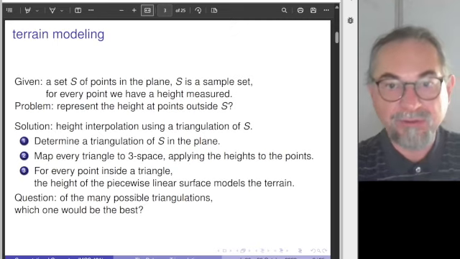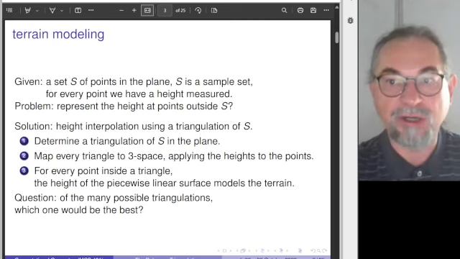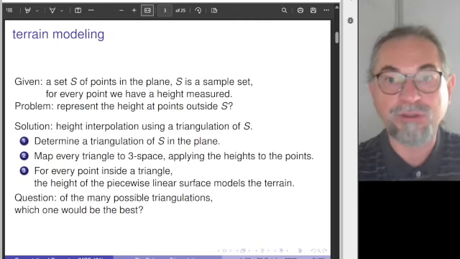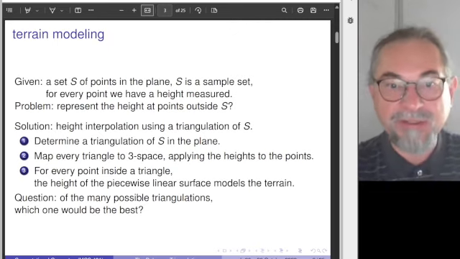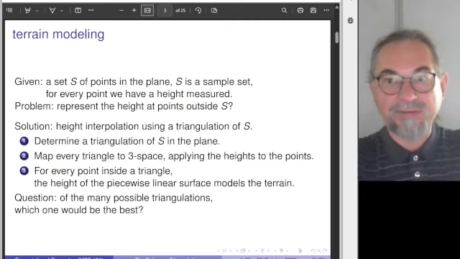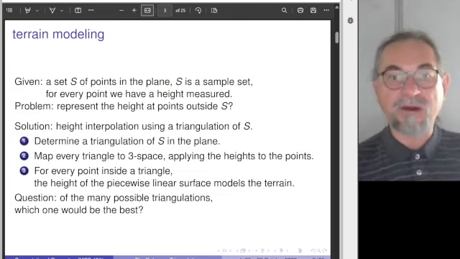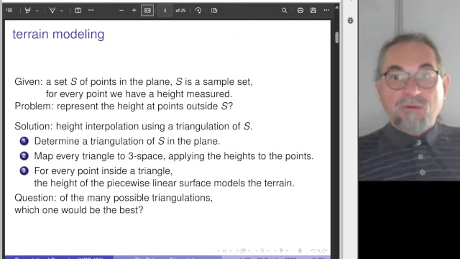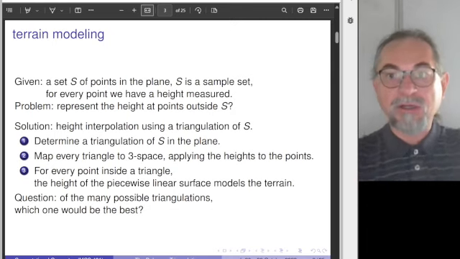With that triangle, you can determine the height relative to the corners of the triangle. So you have samples and you are modeling the terrain via a piecewise linear surface.